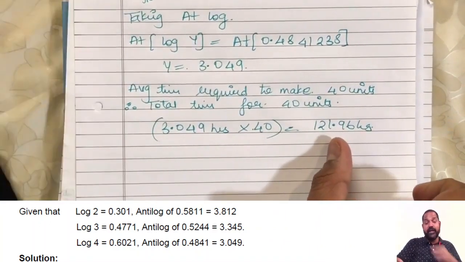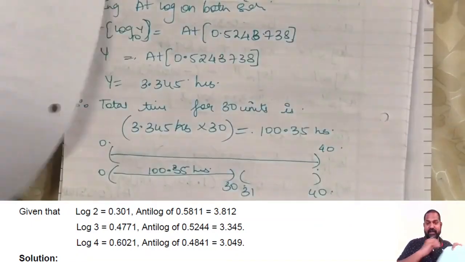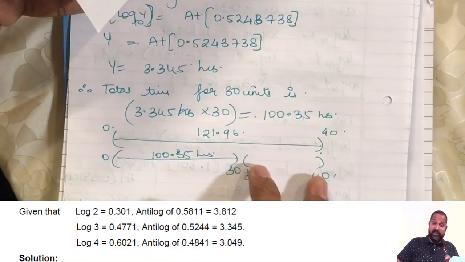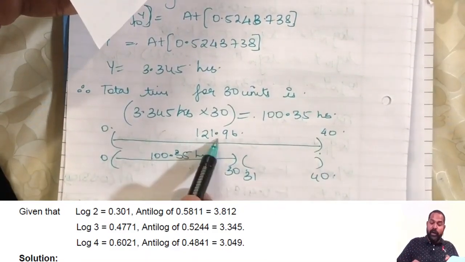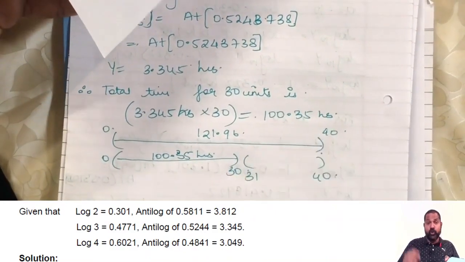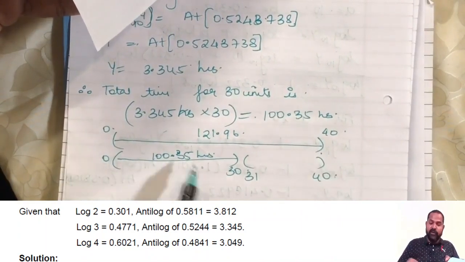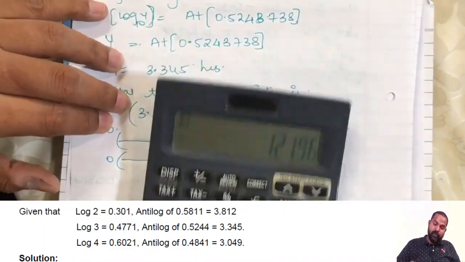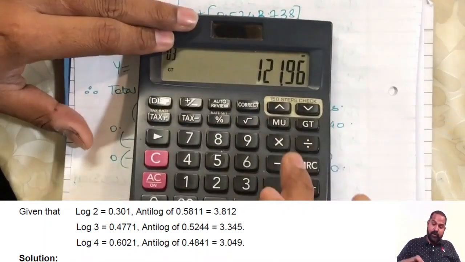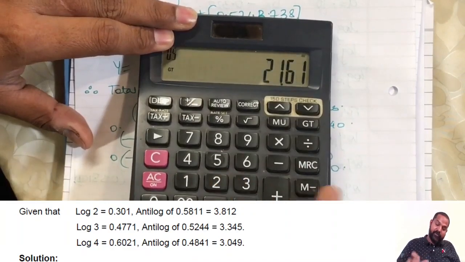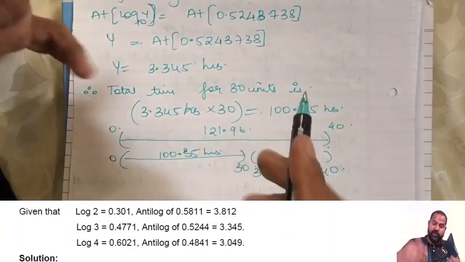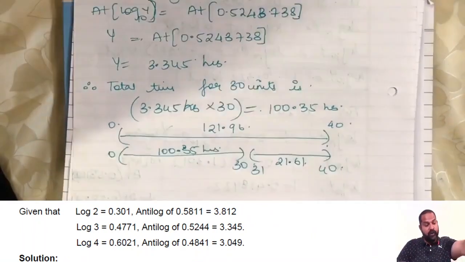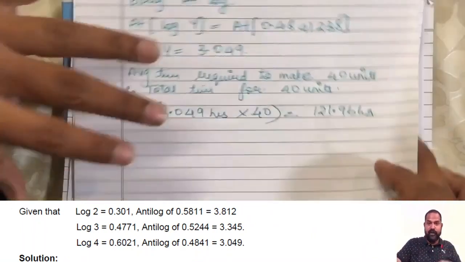For 40 units, it requires 121.96 hours. So for this incremental, from the 121.96 hours for 40 units, remove the 100.35 hours for 30 units. What will you get? 121.96 minus 100.35 is 21.61.